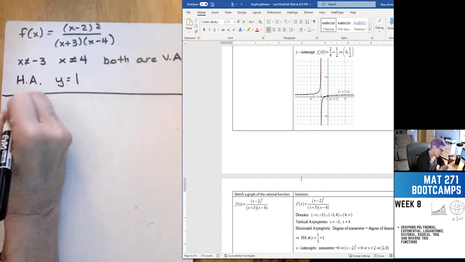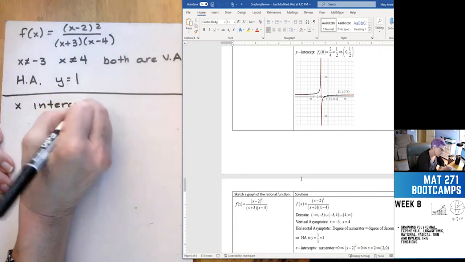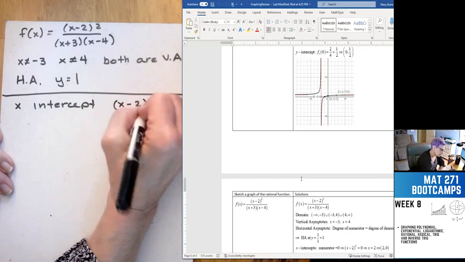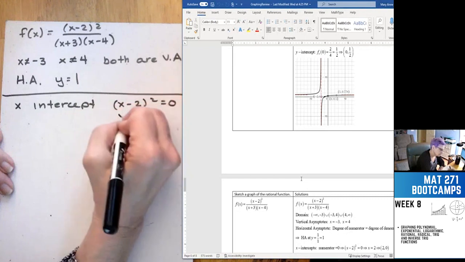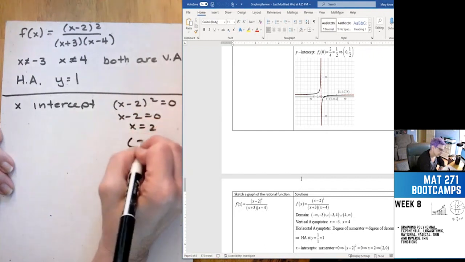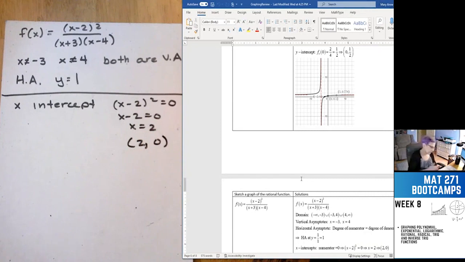We can find our x-intercept by setting the numerator equal to 0. So I know the point 2, 0 is on my graph.